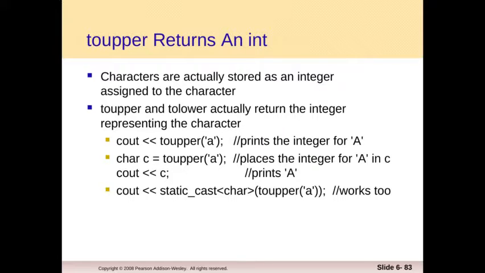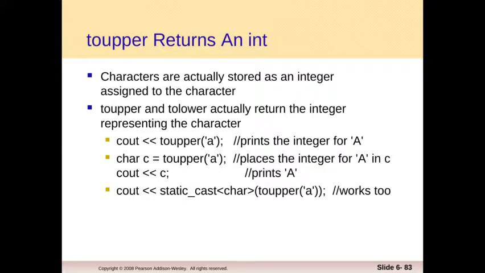Well, that's what you're going to have to do. You're going to have to force the C++ compiler to convert the return value of the call to ToUpper to a char, because the type that we get is an int. So if you just insert the return value of the call to ToUpper, it prints an integer, it prints the number 65.